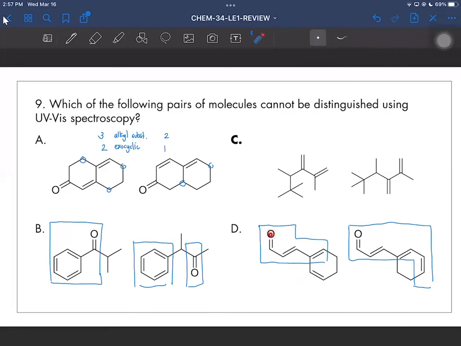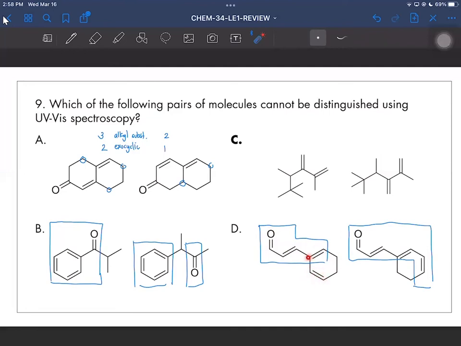So if we follow the conjugation starting from the carbonyl group, if we go like that, and this bond, we would expect na yung next double bond would be around here, similar dito. Pero the double bond in this case is here.